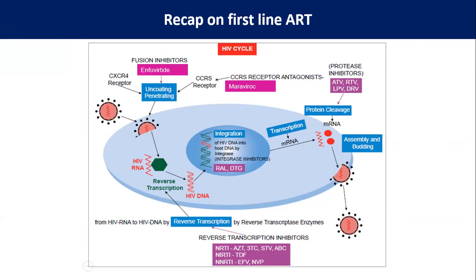is released along with the reverse transcriptase enzyme into the cytoplasm. This reverse transcriptase acts on the viral RNA to convert it into viral DNA. If we can prevent this step with some medicine, then we can also prevent the further progression of the HIV life cycle within the host cell.